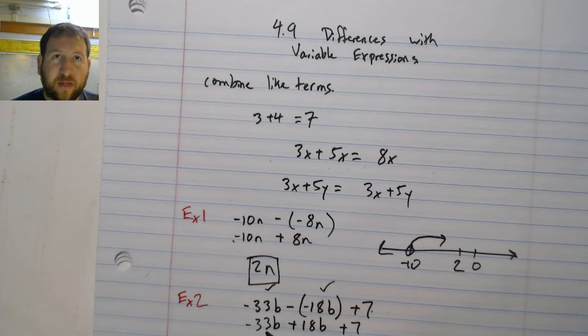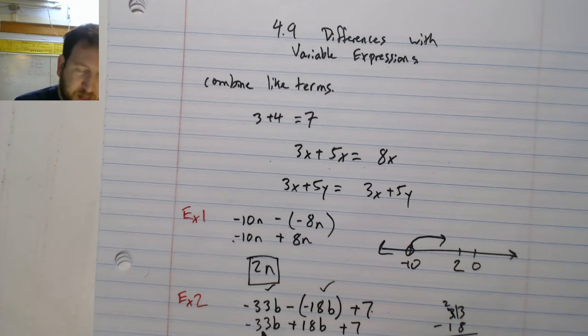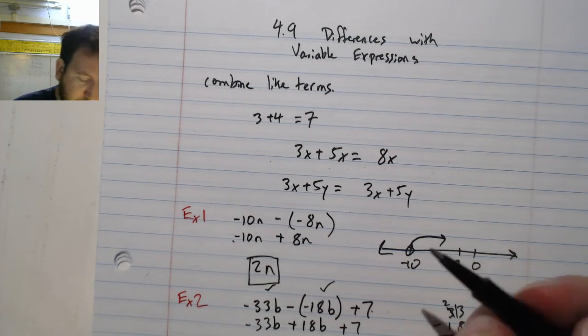And I can think of this in my head. I can say 33 minus 18, right? 3 minus 8, ugh, and 5 is going to be 15 left. And I know that 15 is going to be negative because 33 is not quite far enough to get back to positive.